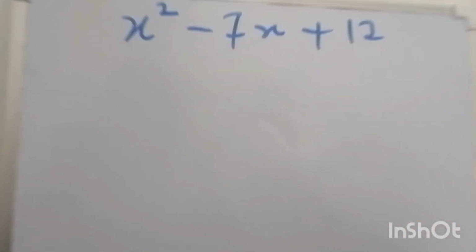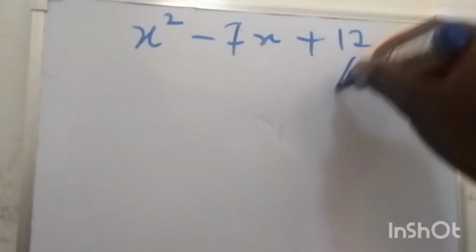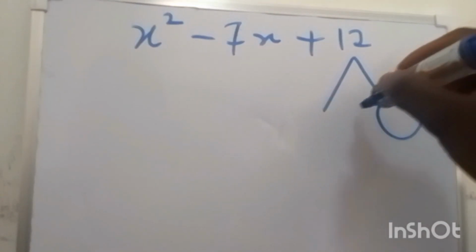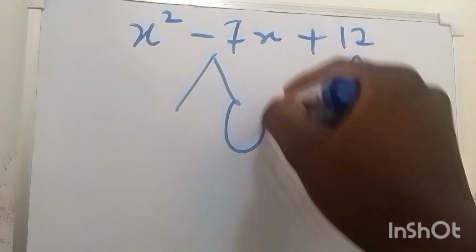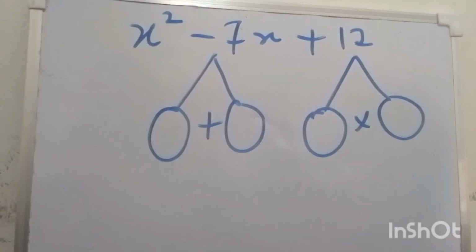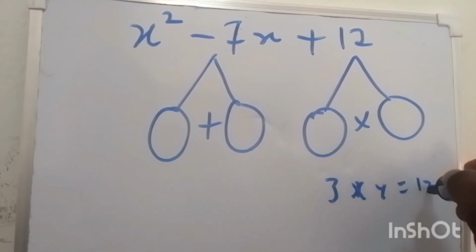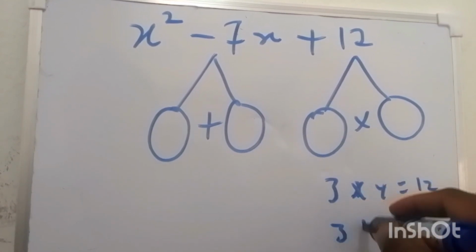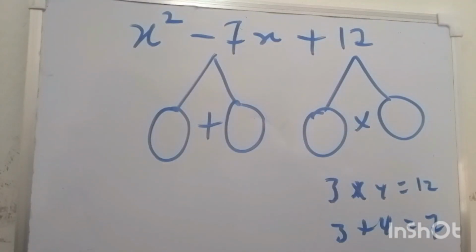Okay. Alright, looking at this question also, we have x squared minus 7x plus 12. Look at two numbers you are going to multiply together to give you 12, and when you add them together, it gives you negative 7. If we try 3 multiplied by 4, it gives us 12, right? And 3 plus 4 equals 7, right? But this is negative 7, not just 7.